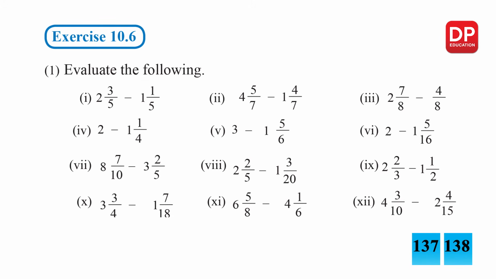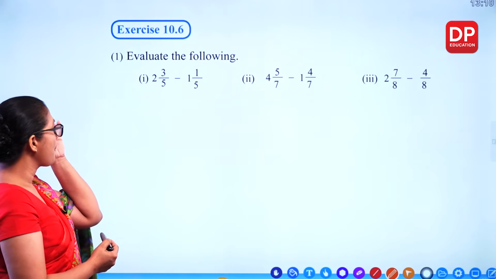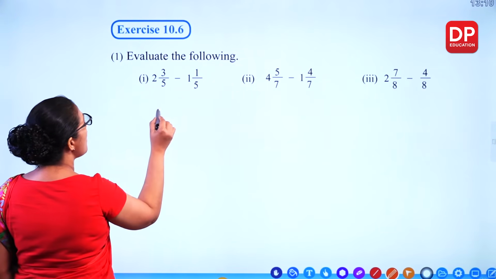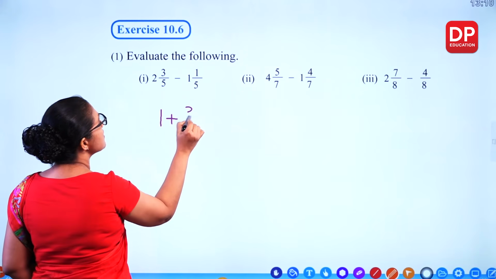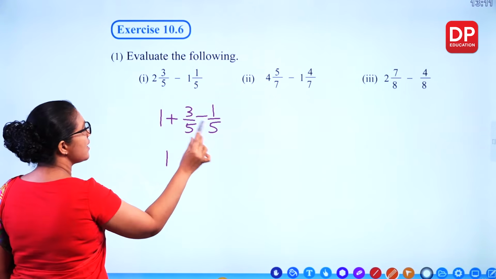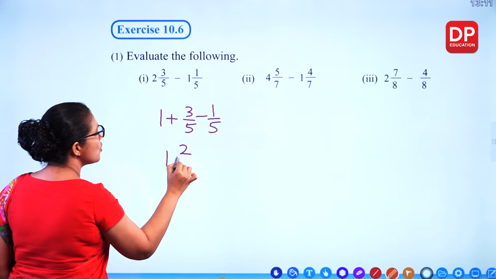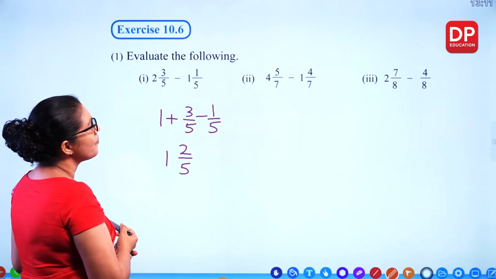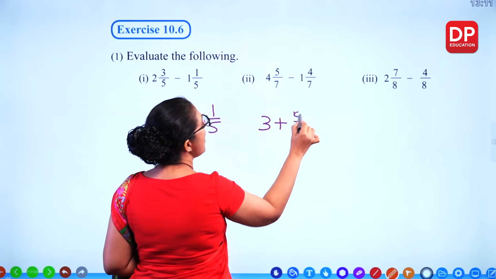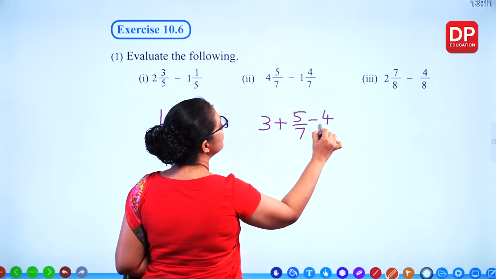Exercise 10.6. Evaluate the following. Straight away you can subtract the whole numbers. 2 minus 1, 1. Now you can subtract the fractions. Same denominator, you can subtract 3 minus 1 is 2. This one, 4 minus 1, 3. Subtract the fractions.